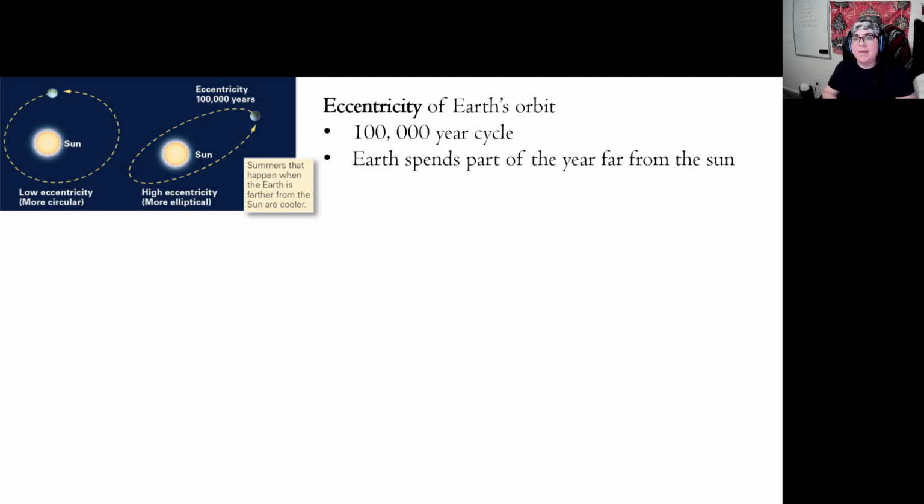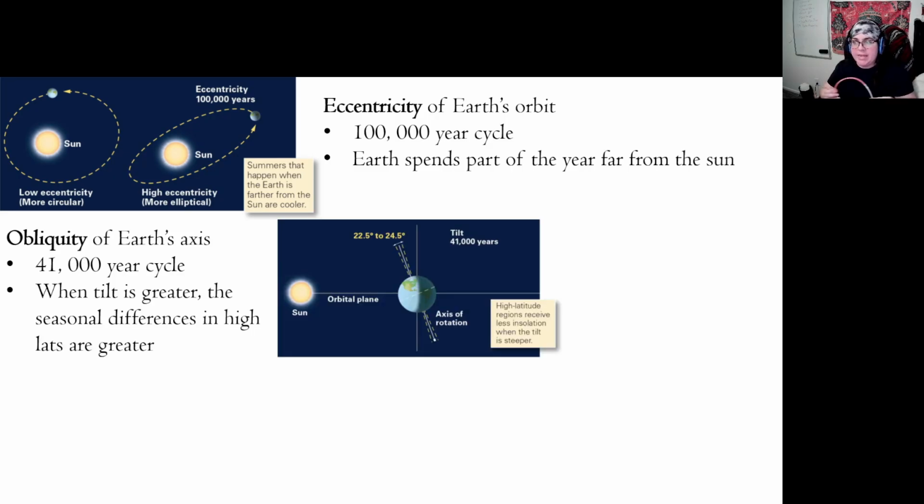One of them is the eccentricity of Earth's orbit, which refers to whether the orbit around the sun is more circular or more elliptical. He says that this happens every 100,000 years. This affects whether the Earth spends part of the year farther from the sun or closer to the sun.